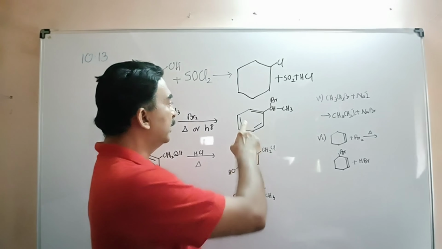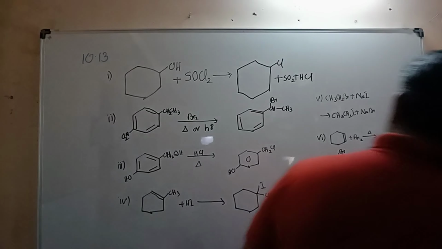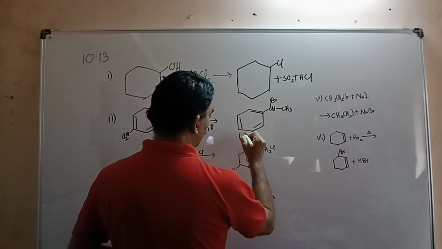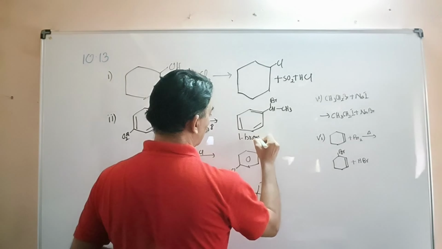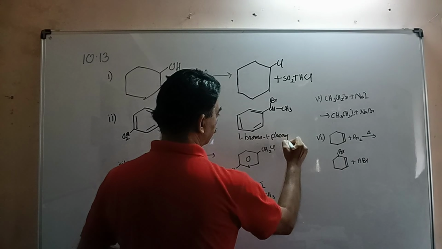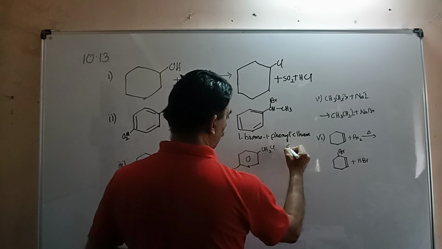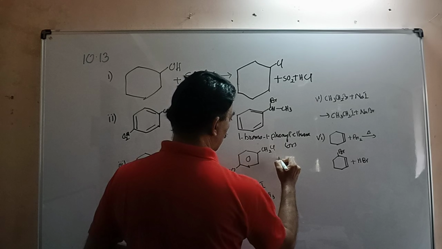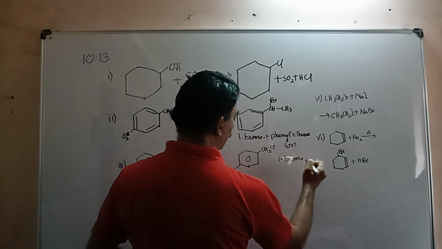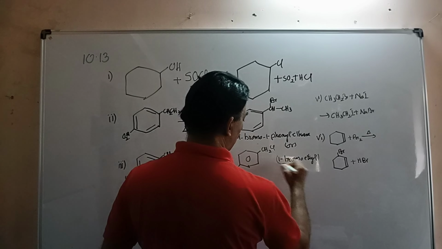What benzene? It is like this: 1-bromo-1-phenylethane, or (1-bromoethyl)benzene.